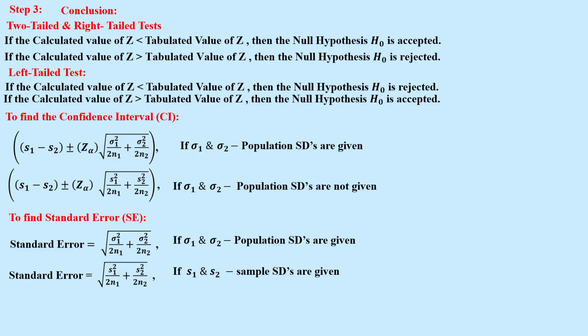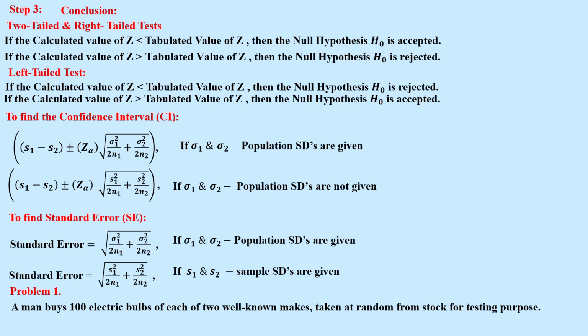So first problem: a man buys 100 electric bulbs of each of two well-known makes, taken at random from stock for testing purposes.